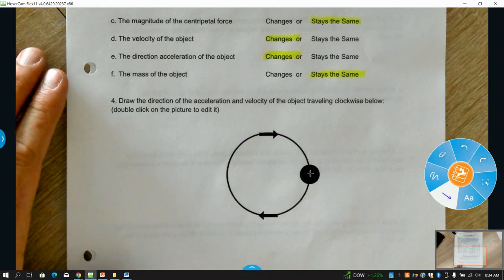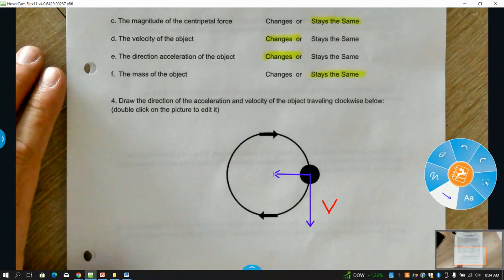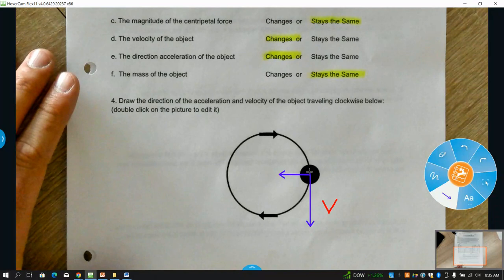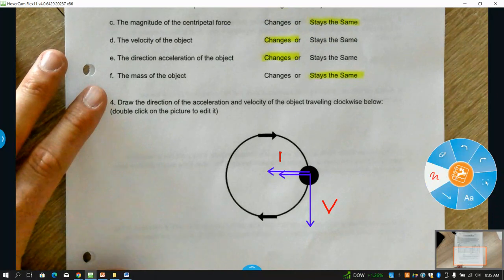So this guy here, straight down, you will do that and label that letter V. And then arrow in, and then a second arrow in, you can maybe just make it slightly above it. FC should be the larger vector, and AC should be the smaller of the two arrows.